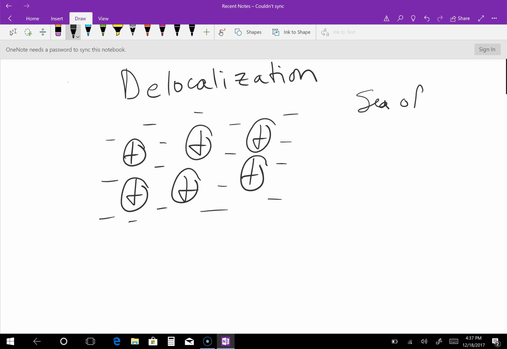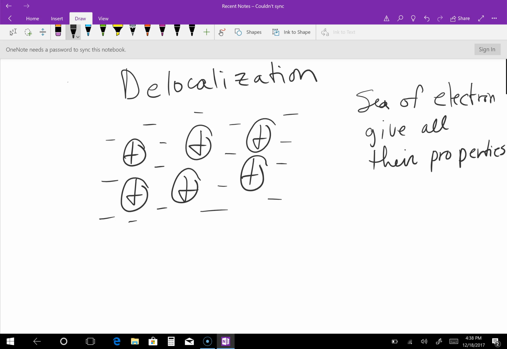They will not stay attached to a particular atom. This is called the sea of electrons, the fact that the electrons are delocalized. This phenomenon will give metals all of their properties.